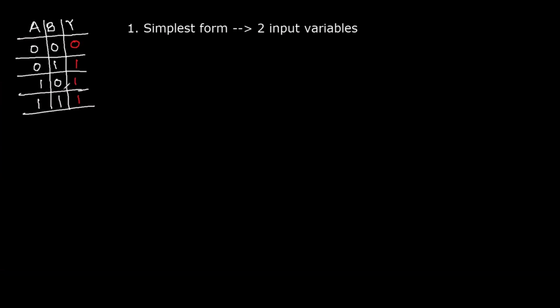Start off with this truth table, which is the simplest form that has two input variables, A and B, and one output variable, which is Y. So starting off with the construction of the K-map, it's very simple. You will basically have two rows and two columns because you have two input variables.